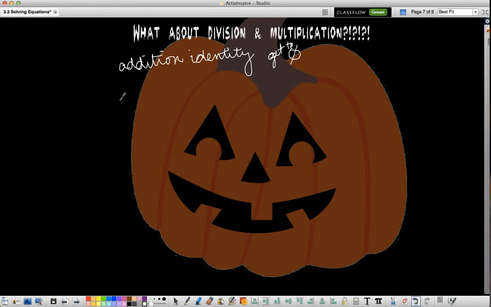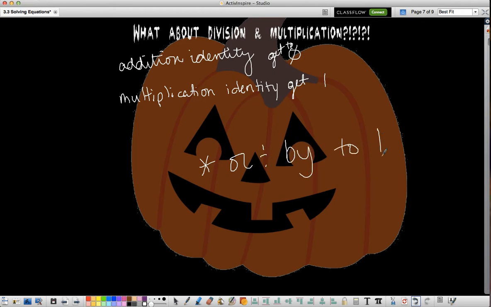But for multiplication identity, it's not 0, it's 1. So when we are multiplying and dividing, if we want the variable to stay as it is, we need to get whatever we're multiplying or dividing by to 1.